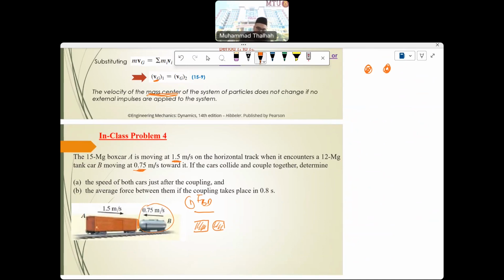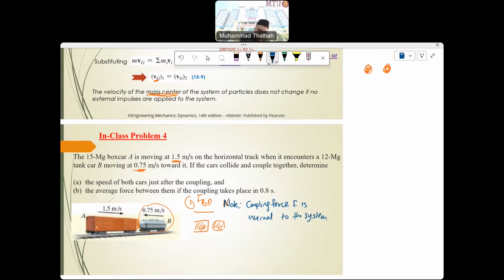Let me just write down a note here. The coupling force is internal to the system. What is the coupling force?